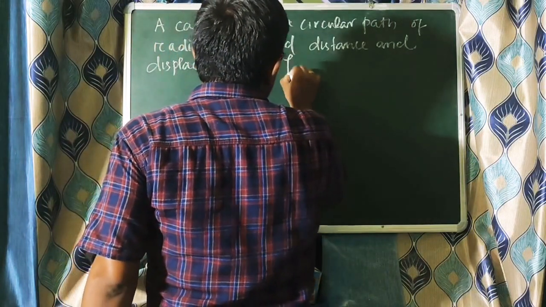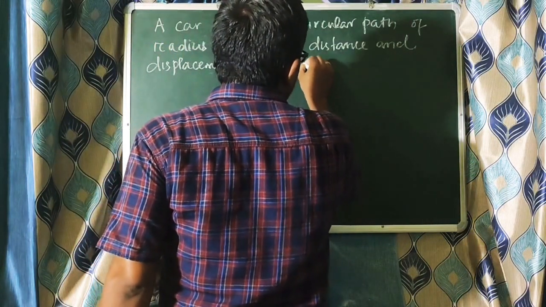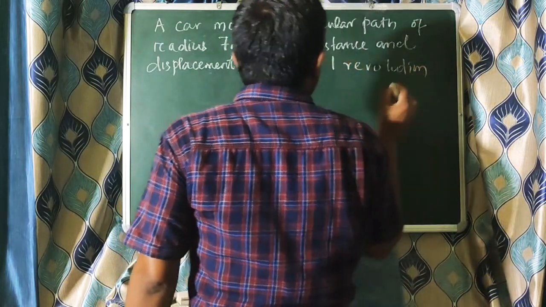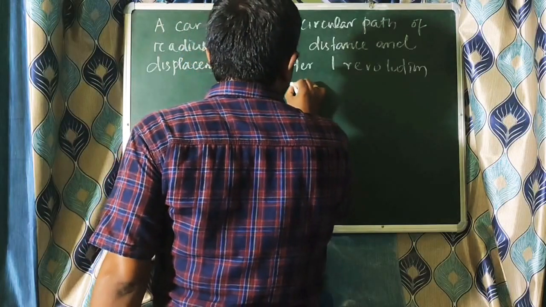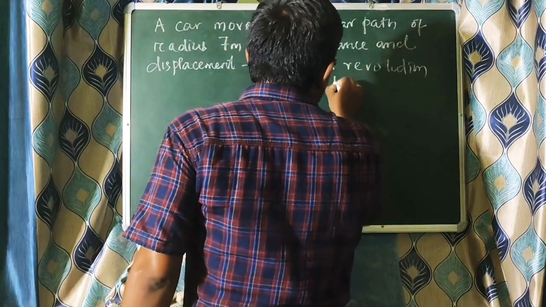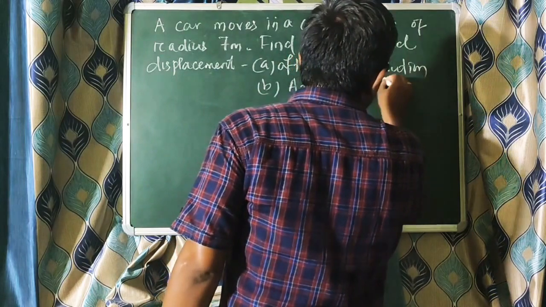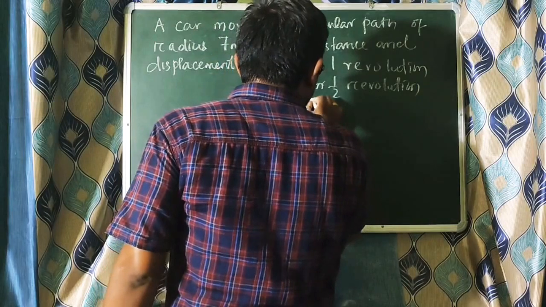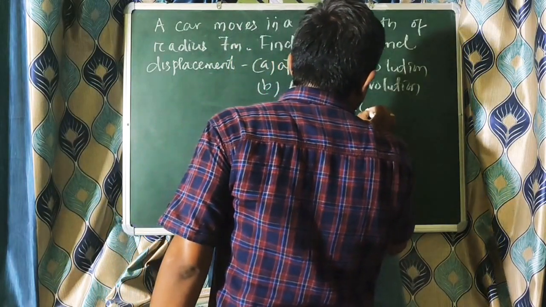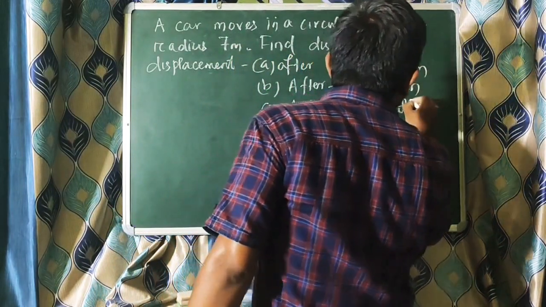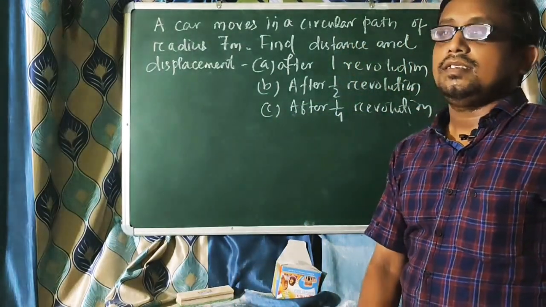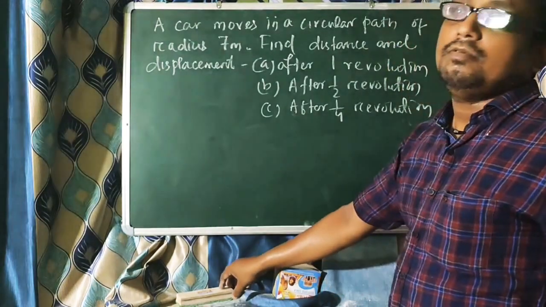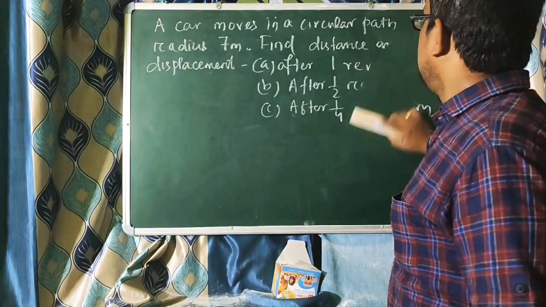Number A, after 1 revolution. Number B, after half revolution. Number C, after 1/4 revolution. So this problem we have to solve. Now what we'll do? We'll just draw the diagram. Let me erase it.